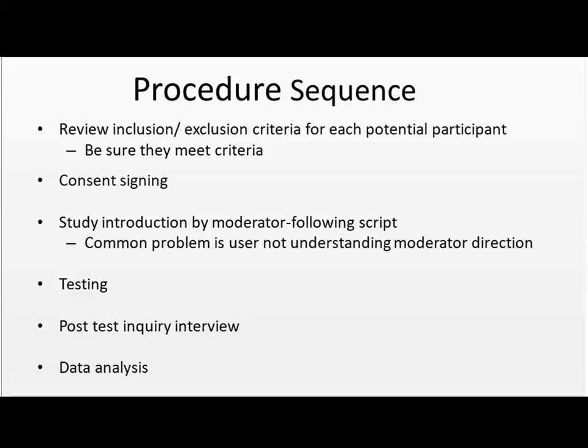In the actual study, there is an introduction by a moderator, and he follows a script so that he's saying the same thing to all participants. The actual testing is done. There's the post-test inquiry, the interview, and then data analysis of all the participants' results.